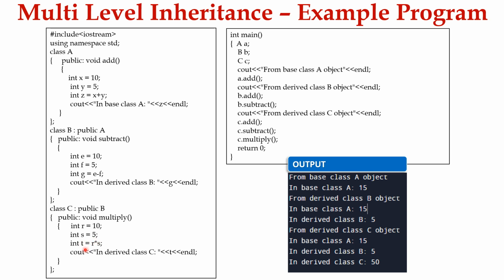T is evaluated using R into S, that is 10 into 5 is 50, stored in the variable T. Using the cout statement, we have displayed "in derived class C" and the value of the variable T. We can see here in derived class C, the value of the variable T is 50, displayed to the user. Now the control from class C is moved to main function, and finally it returns 0. It specifies that we have successfully executed the program.